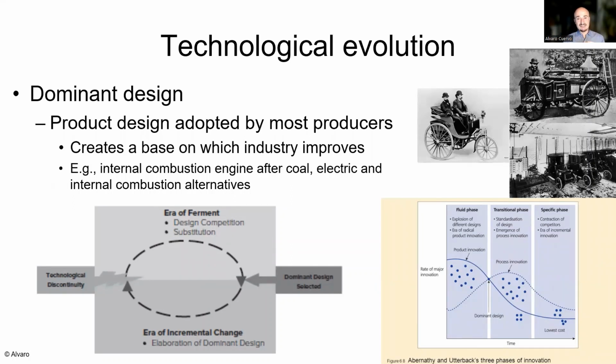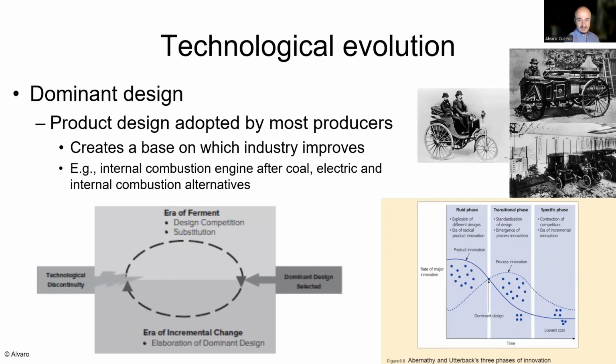There is a transition away from lots of different, highly innovative products, and now we converge on the type of product that we are going to make. And then there is a second wave of innovation, mostly coming from the process. Now that we have decided this is the standard, let's get into efficiencies. Let's reduce the cost of production, and with that, open it to a bigger market.